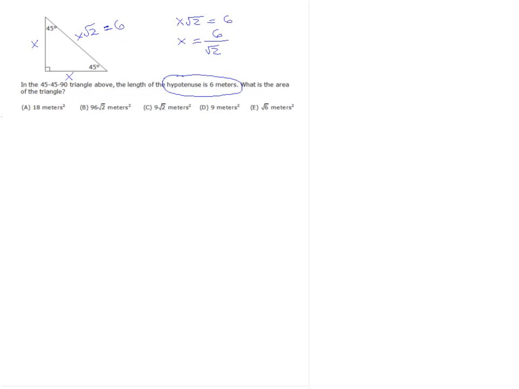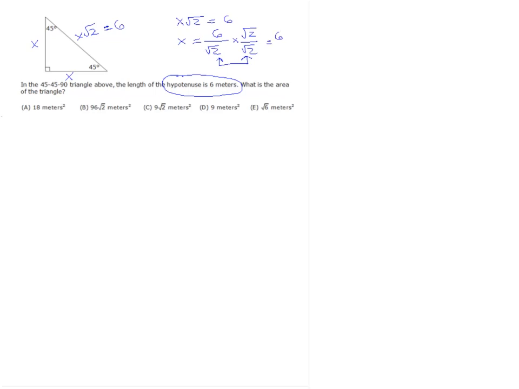To do that, you're going to multiply by root 2 over root 2. The reason you're doing root 2 over root 2 is, first of all, you can't change the value of the expression, and root 2 over root 2 is 1. And when you multiply root 2 by root 2 on the bottom, you simply get 2.